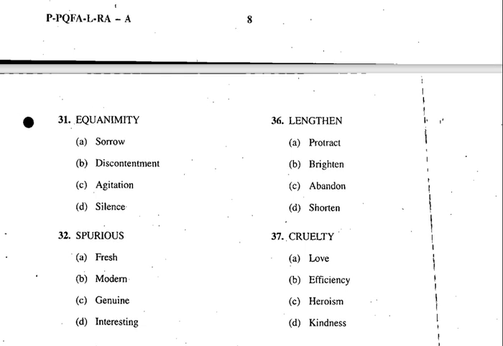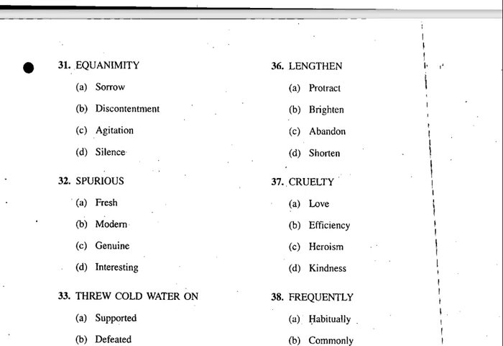Now let's go to equanimity. What does equanimity mean? Calm, calmness, composure. Now your calmness, that is what equanimity means. Now sorrow, joy and sorrow. The opposite word of sorrow is joy, not calmness.